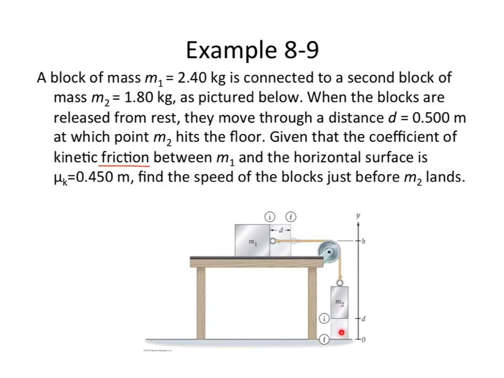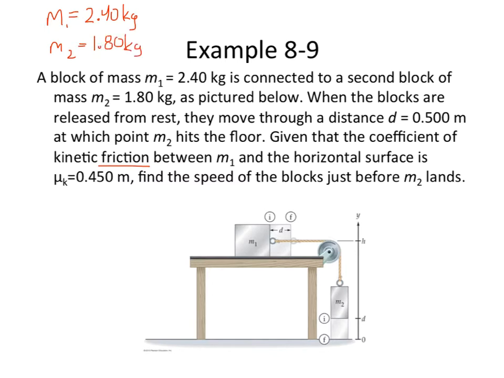But let's hold off on drawing forces for a second and see if we can make some sense of this system just using conservation of energy. Before I get into that, let's write down all of our knowns first. The mass m1 equals 2.40 kilograms, and mass m2 equals 1.80 kilograms.